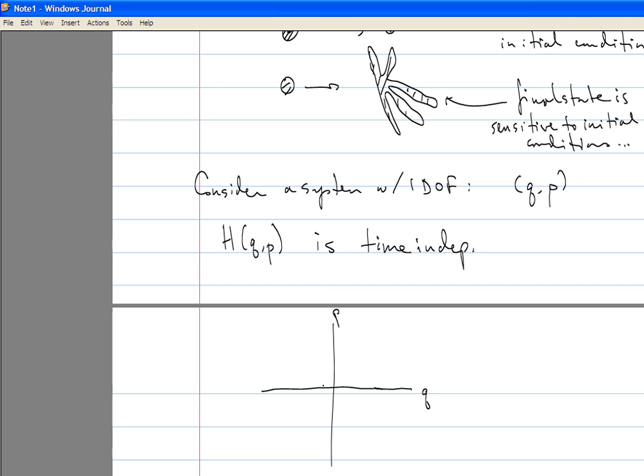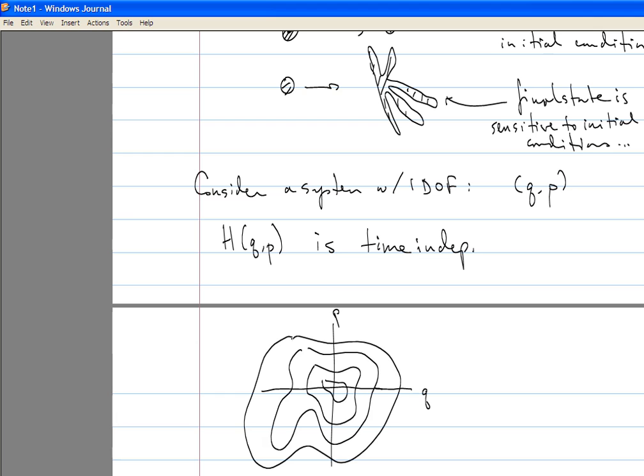So, for example, for the harmonic oscillator, these would be just circles or ellipses. But for more general systems, there could be some random looking contours of constant energy, say.